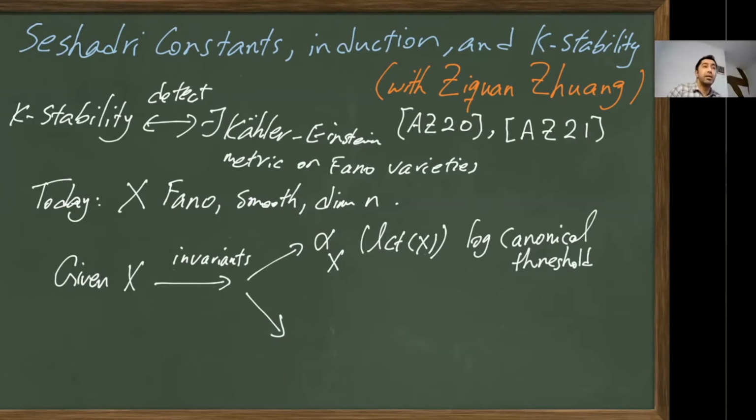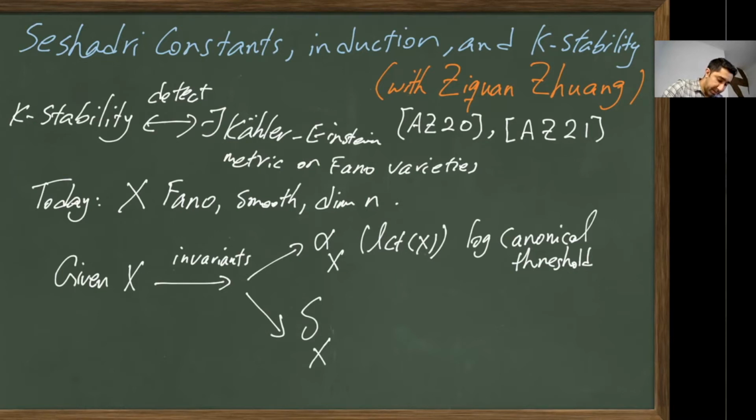If you want me to do it later, I will, or you could just Google it. If you have not worked with it, just think of it as something that measures singularities of hypersurfaces inside your variety. And if you have worked with it, just follow me.